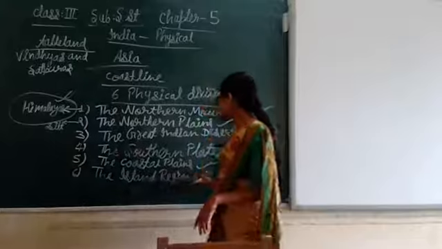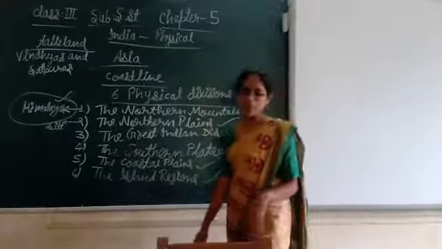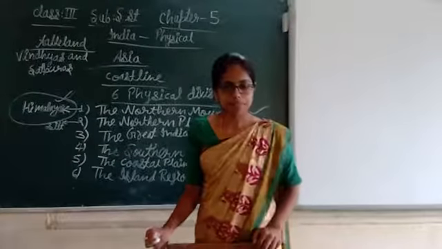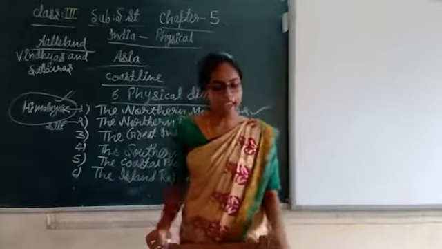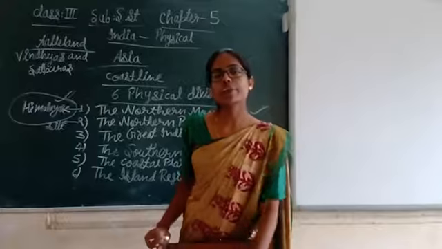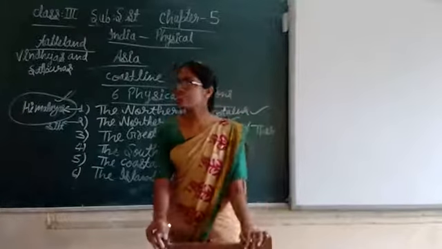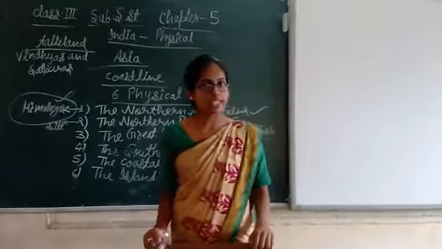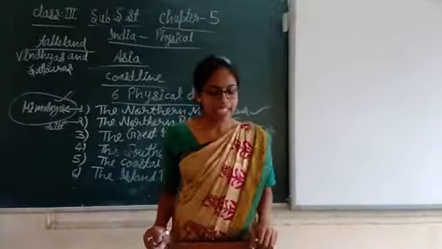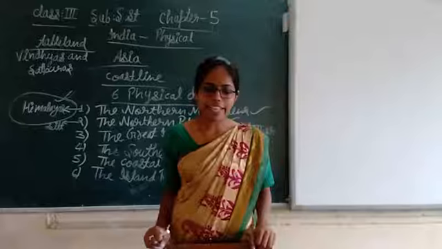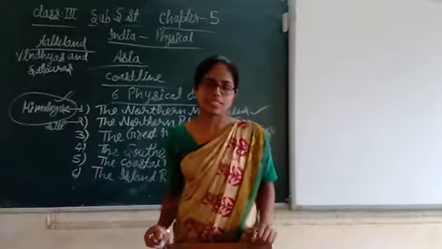Now the next physical division and the last one is the island regions. An island is a piece of land that is surrounded by water. Two groups of islands we can see here, the Andaman and Nicobar Islands and the Lakshadweep Islands.